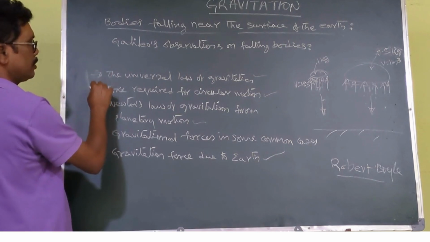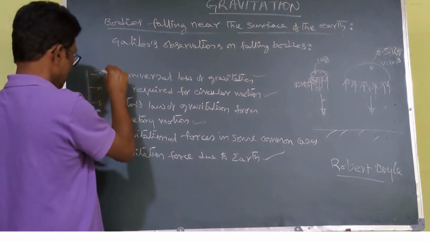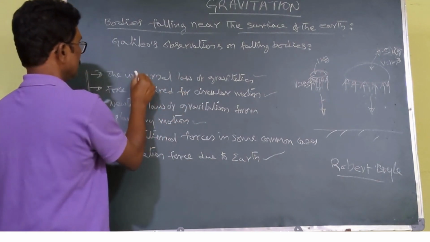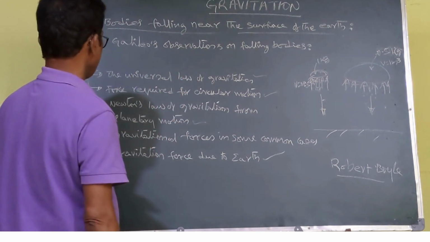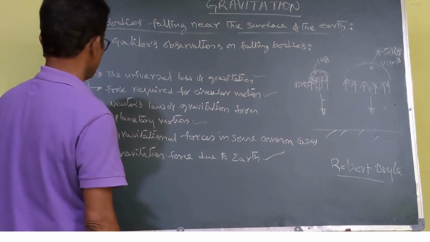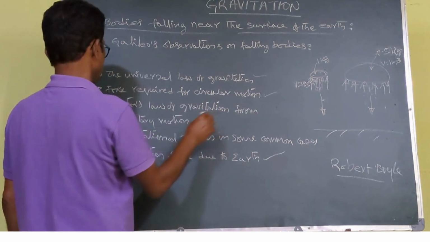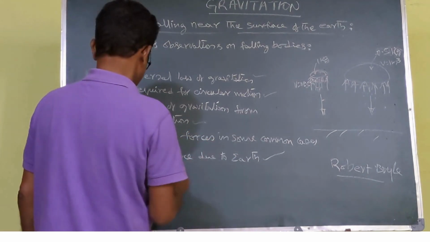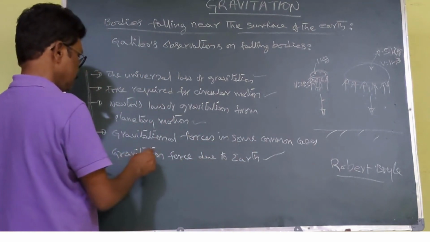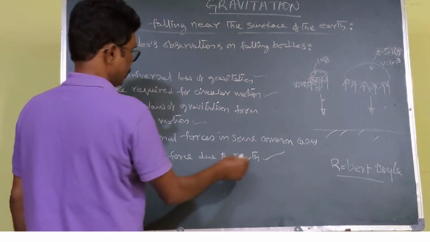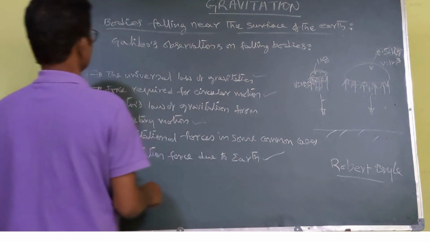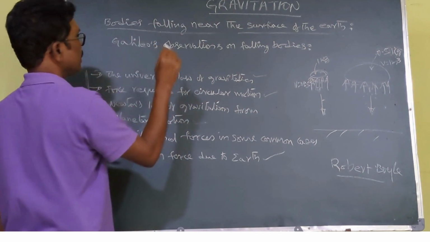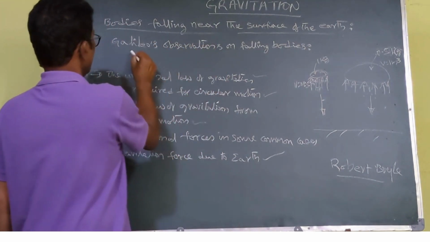We studied in previous videos the universal law of gravitation, force required for circular motion, Newton's law of gravitation from planetary motion, gravitational forces in some common bodies, and gravitational force due to earth. So this is the last but one: the body falling near the surface of the earth.